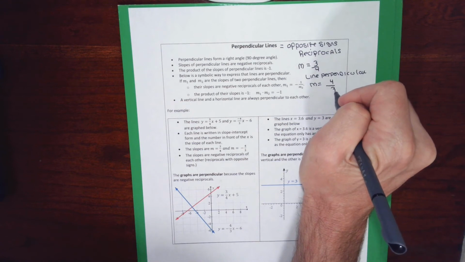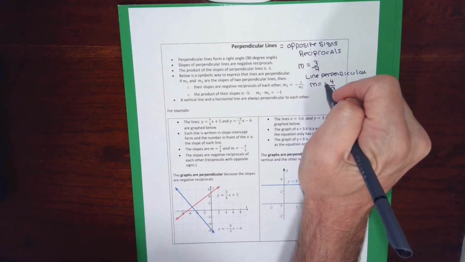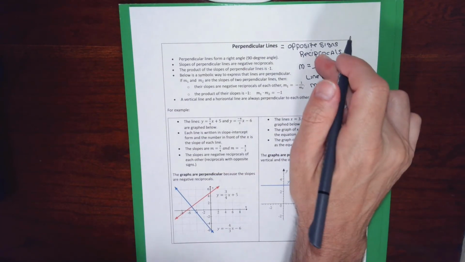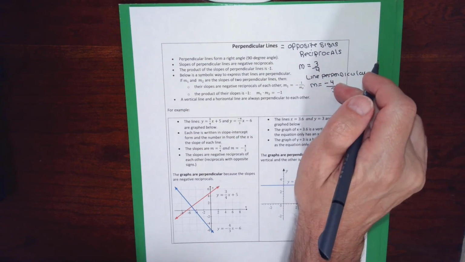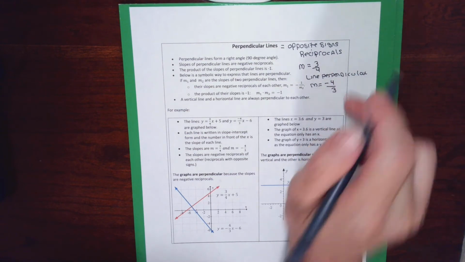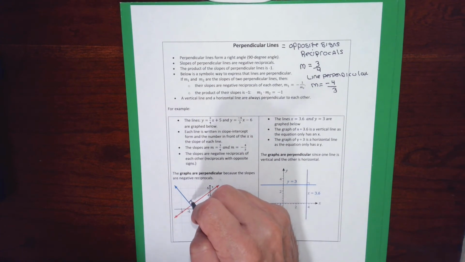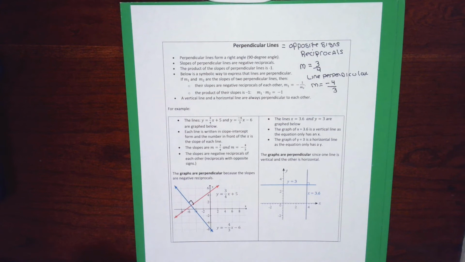The reciprocal of 3/4 is 4/3. Flipping the slope isn't enough, you also have to change the sign. So a line that has a slope of 3/4 is going to be perpendicular to a line that has a slope of -4/3. That's what I showed in this picture. These two lines are supposed to meet at a perfectly 90-degree angle.